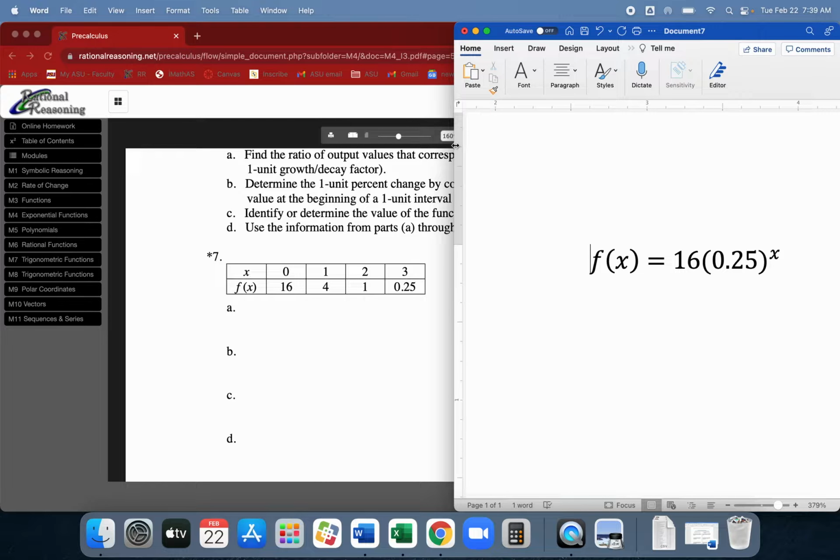If it's larger, like 1.05, oh, I'm getting an extra 5%, 0.05, onto the current value. 2.72, well, I've got an extra 1.72, 172% of my current value from one place to the next. So a percent increase is how much larger that base is than 1, changed into percentage form.